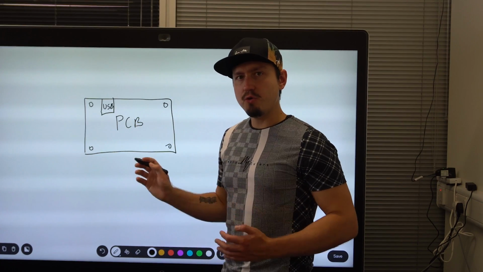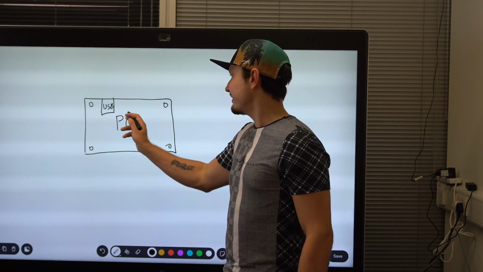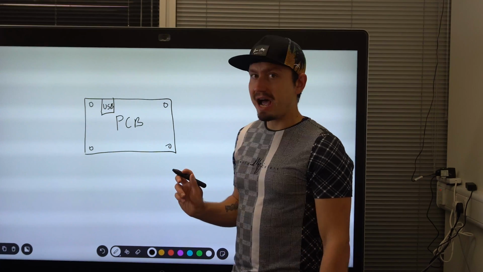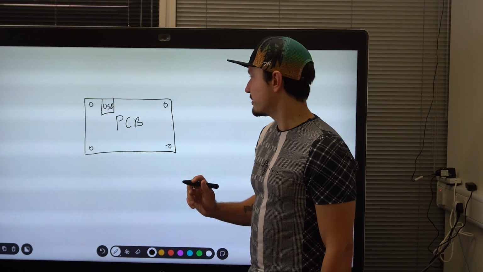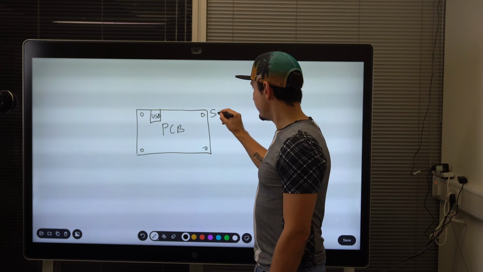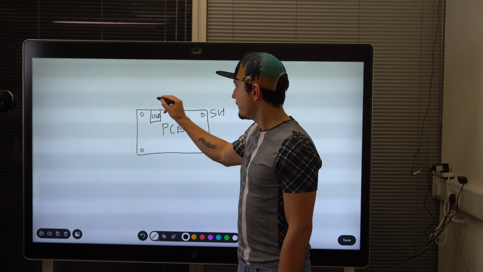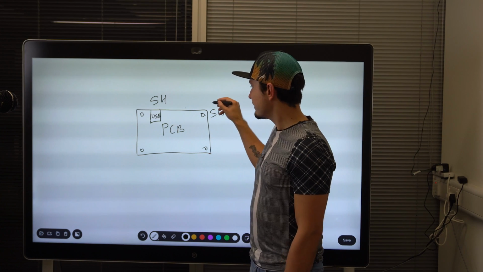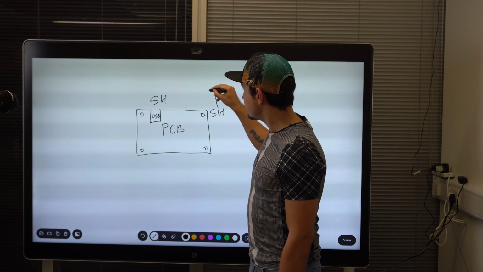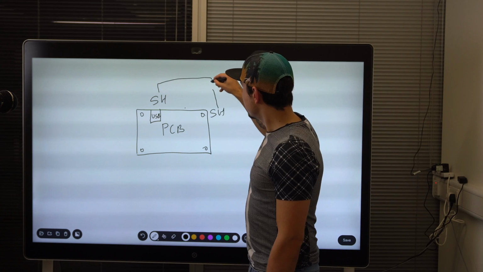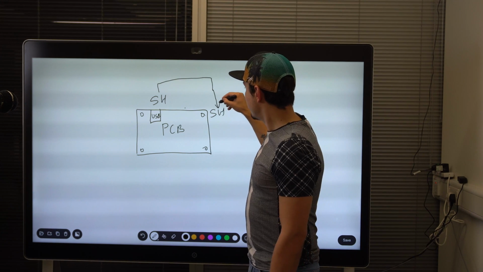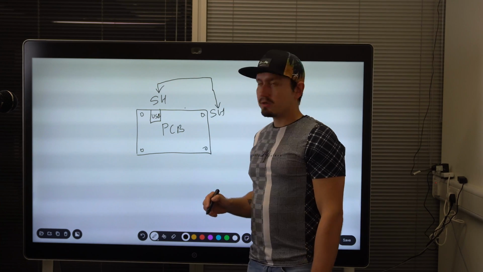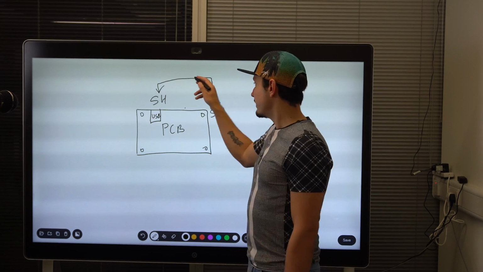And there should be no more than one direct connection from PCB to the chassis, because otherwise we will have ground loops. Imagine that we have a shield connection here and a shield connection here. This now creates a possibility of current flowing from one shield to another shield and going in different directions.